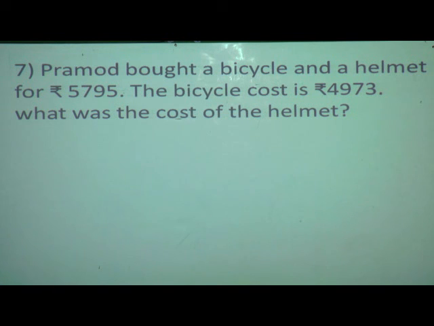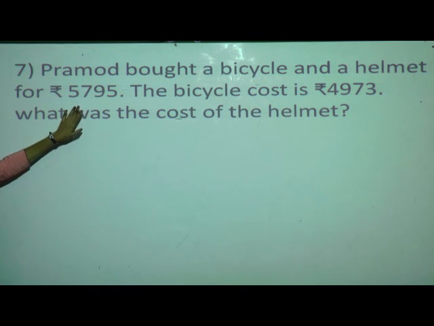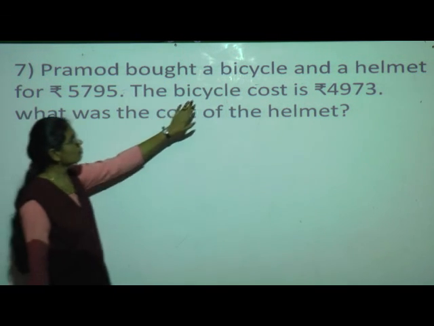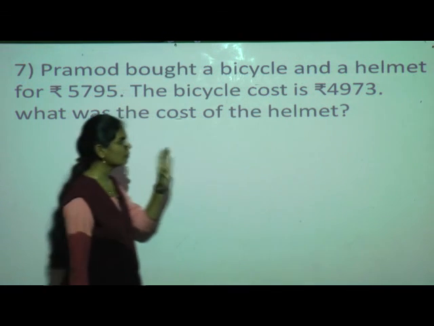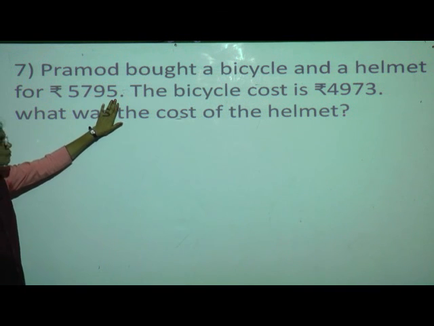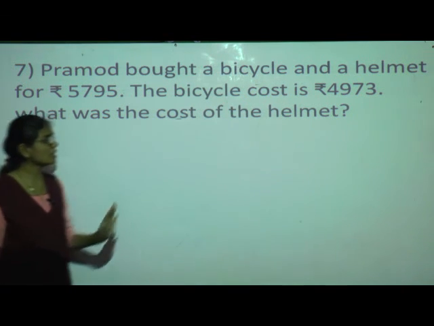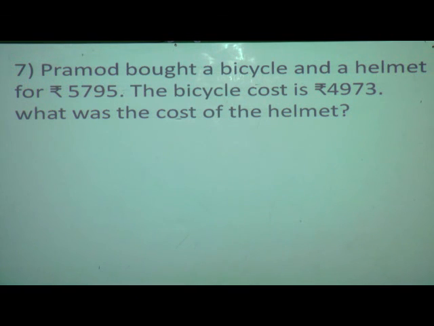Then what is the question? Pramod bought a bicycle and a helmet for rupees 5,795. Okay, what is the cost of bicycle and helmet together? The cost of bicycle and a helmet is 5795. But the cost of bicycle is rupees 4973. Then what was the cost of the helmet?